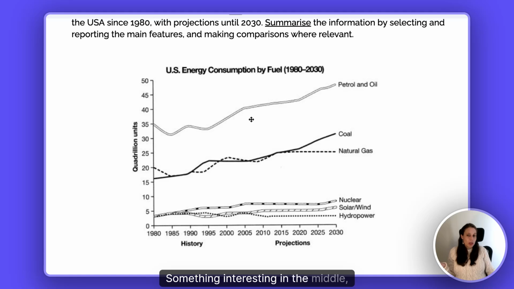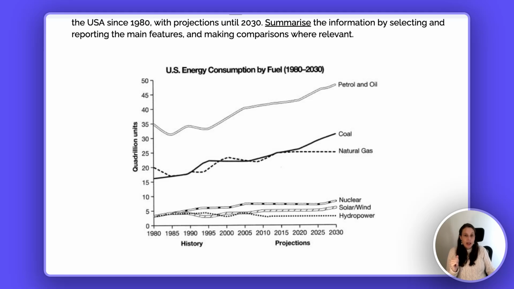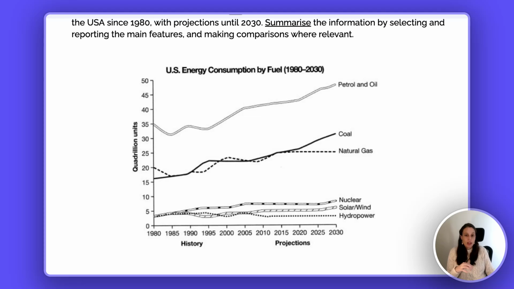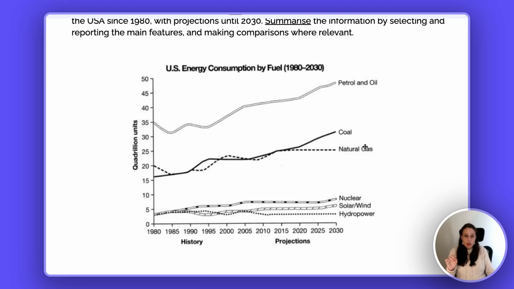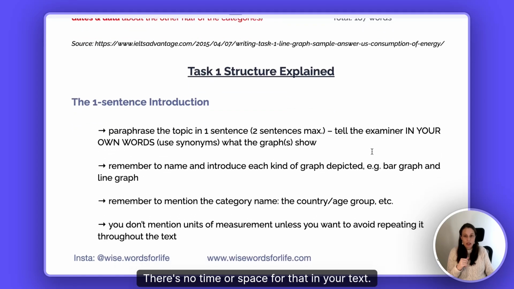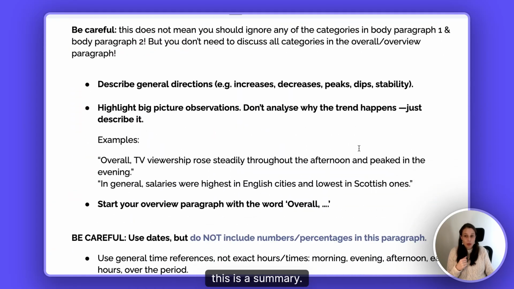Something interesting in the middle where there was an inflection point or a peak or a dip, and its end point, so that we can track, has the line increased over time, has it decreased over time, or has it remained stable? All the other dates, don't worry about discussing. There's no time or space for that in your text. Remember, this is a summary.